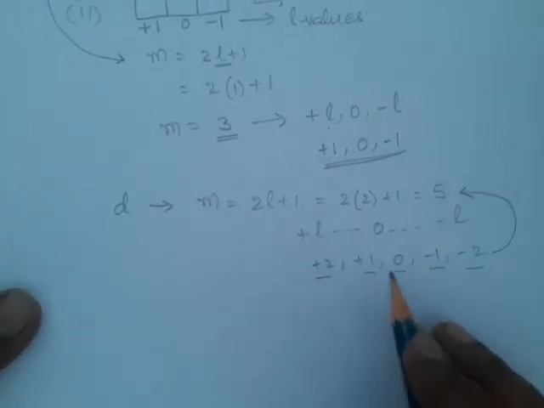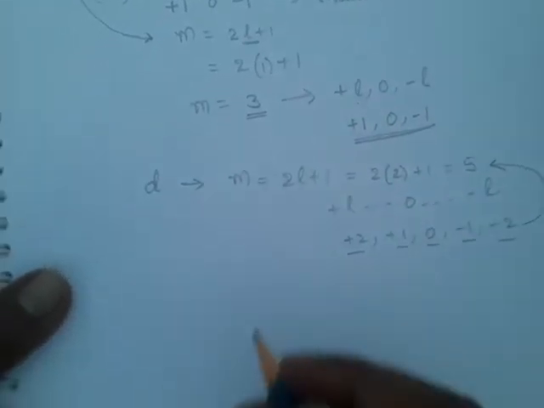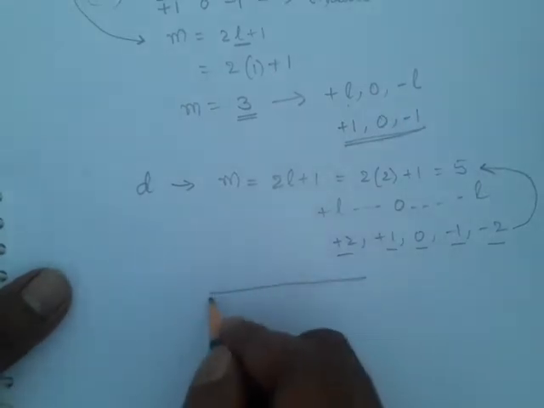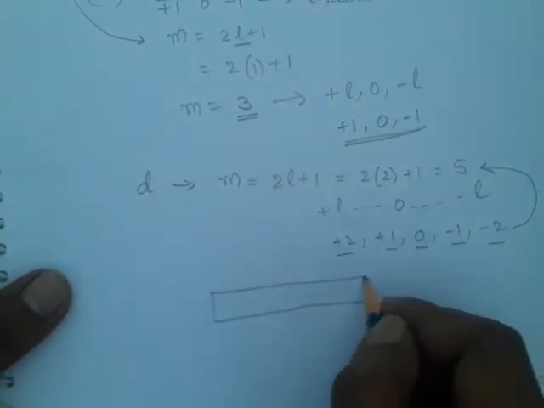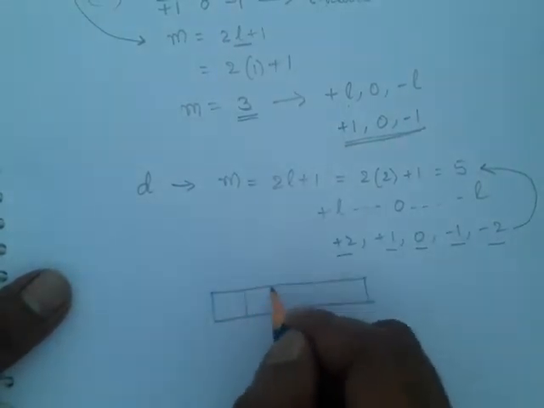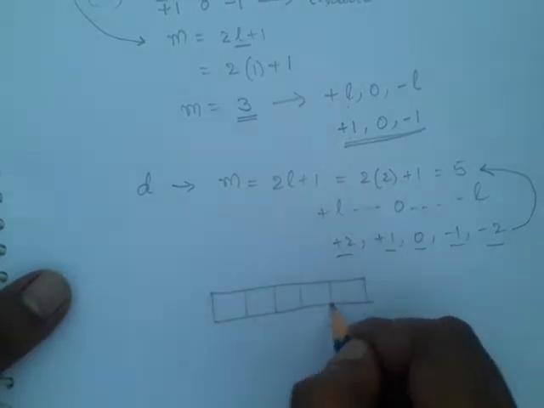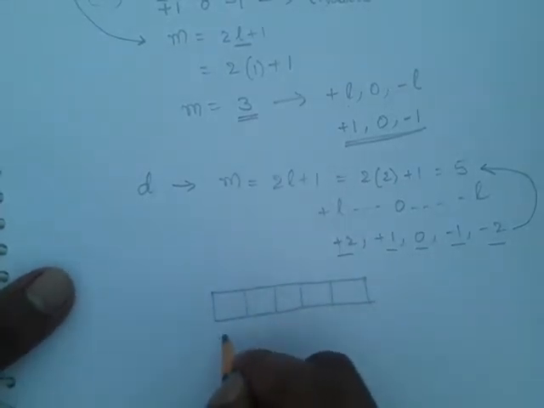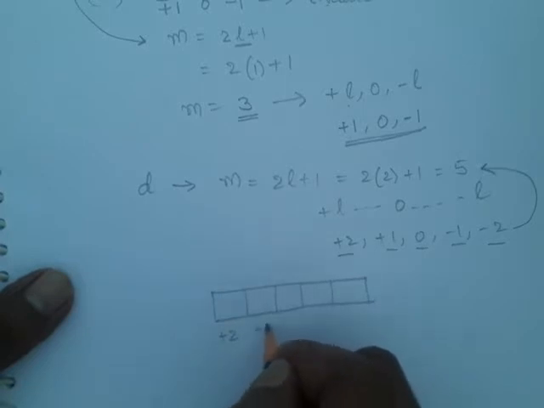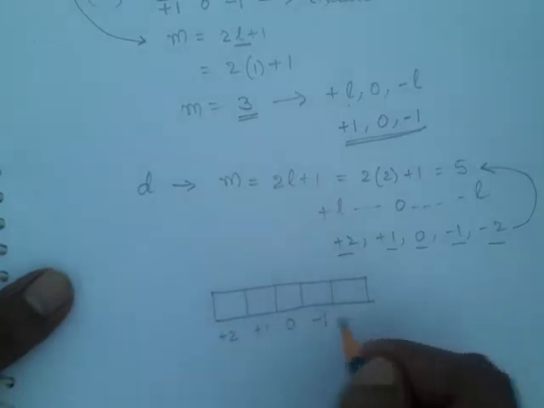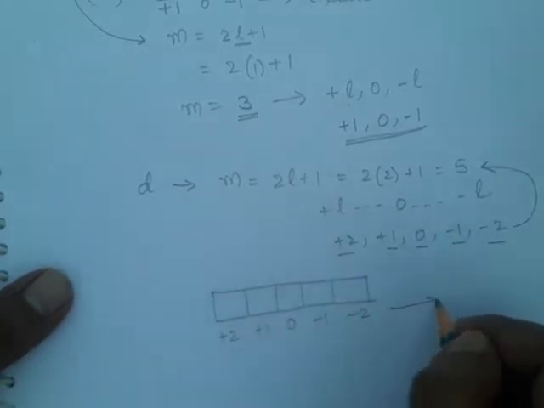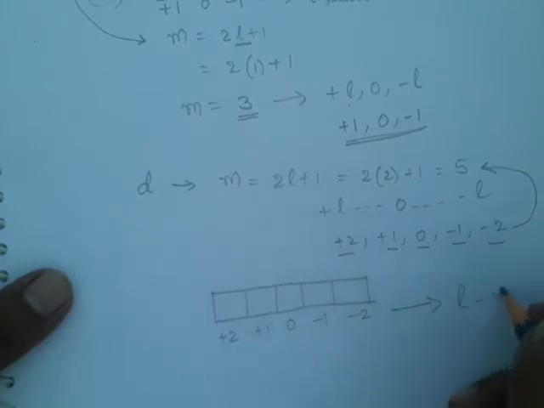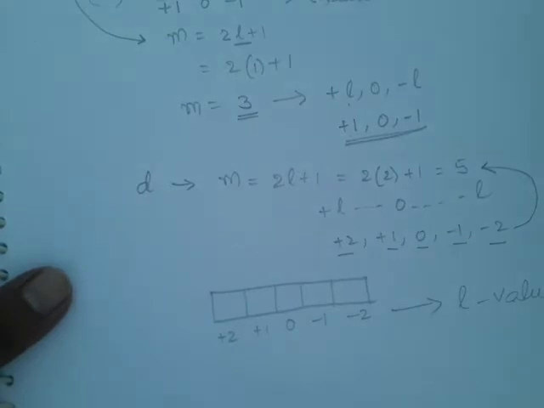Plus 2, plus 1, 0, minus 1, minus 2. So for d orbital there are 5 d orbitals. These are the values of d orbital. Okay, right, fine.